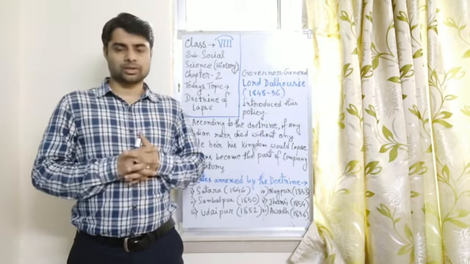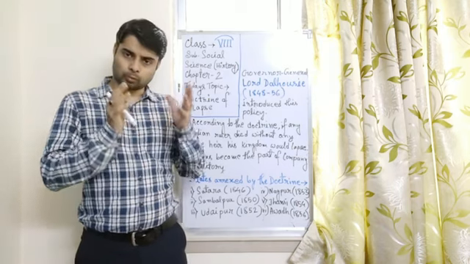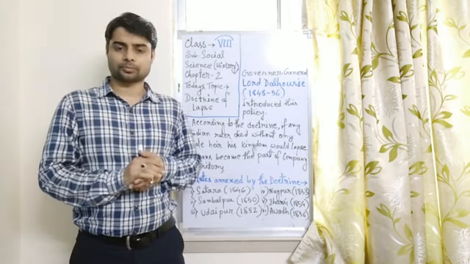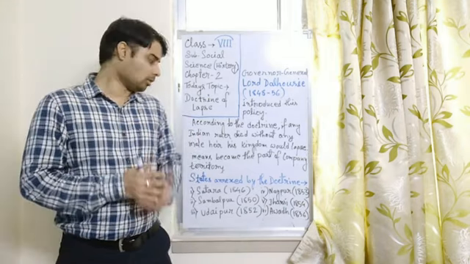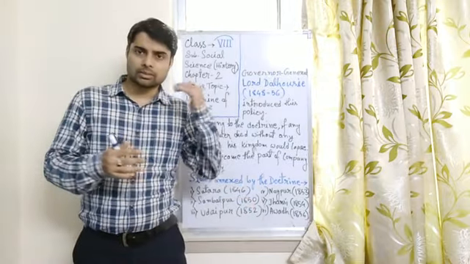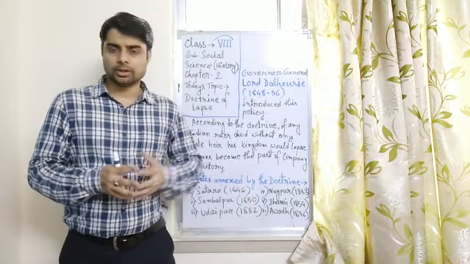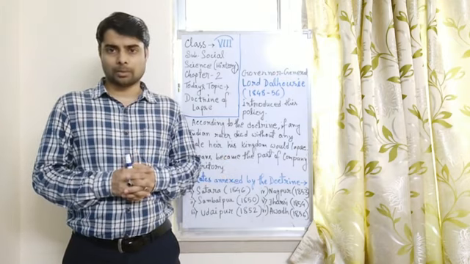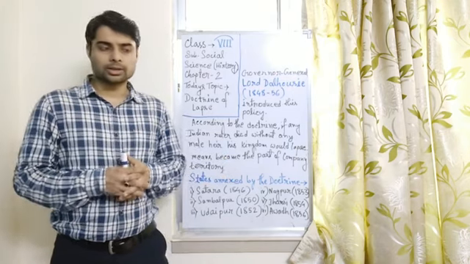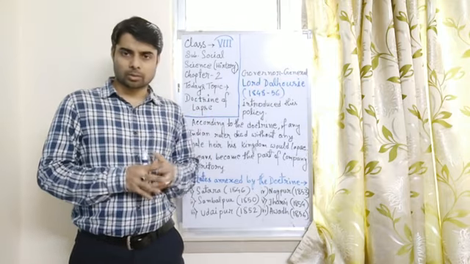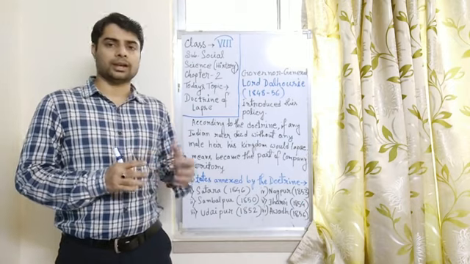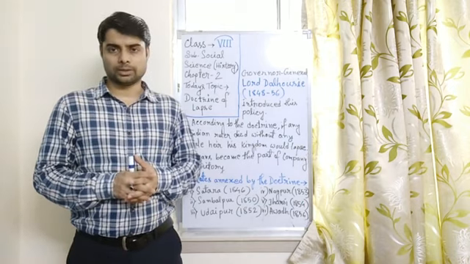For the welfare of the people, to save them from the evil rule of the Nawab of Awadh, it was their pious duty to free the people from the rule of the Nawab. In this way, they accused the Nawab of Awadh and used this policy to annex the state of Awadh.